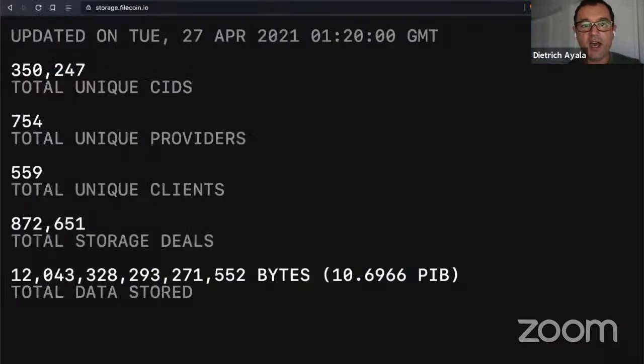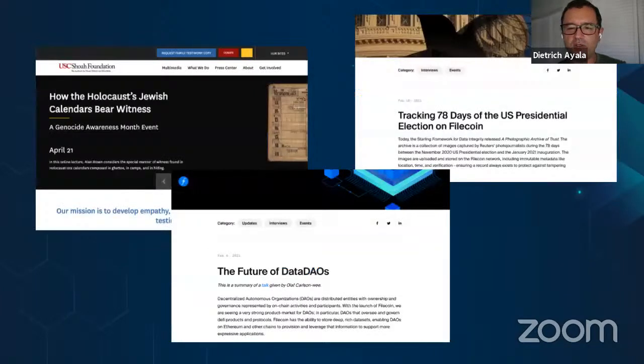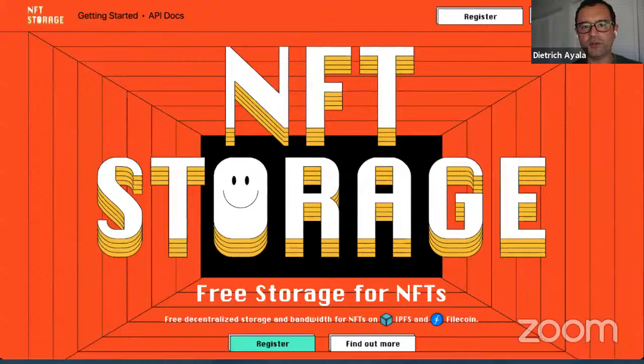And you can go to storage.filecoin.io to see numbers about the activity happening on the network. We're seeing some really interesting use cases of this storage, especially around sensitive data that needs to be verified. You're probably going to hear a lot more about Filecoin being used for situations where you have multiple parties that need to cryptographically verify data that's stored securely.